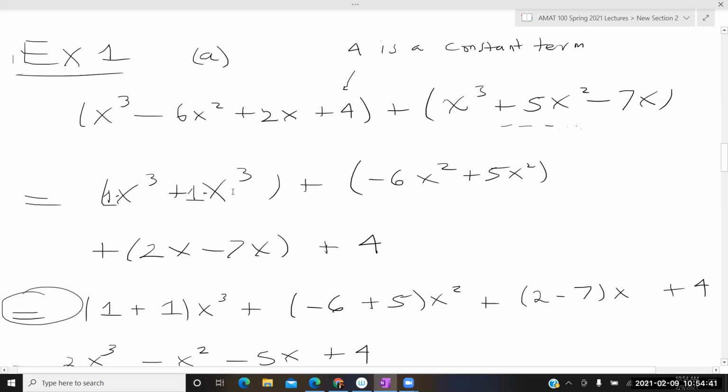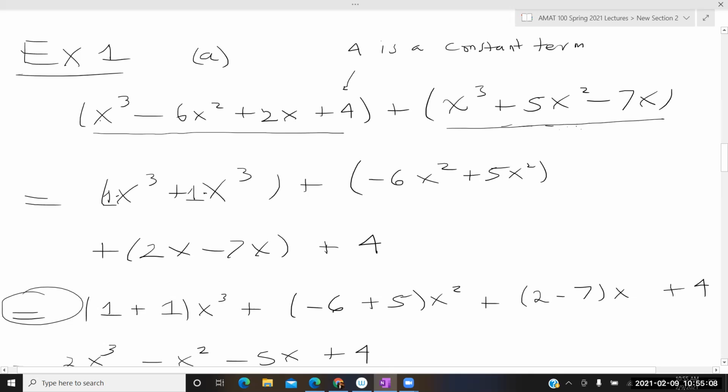And so when we add polynomials, we want to combine terms. The procedure is that you have these two polynomials, which I bracketed off with parentheses. We have this polynomial, and then we have this polynomial. We start with the polynomial on the left, or you can start with the one on the right, and you look at the highest degree term.